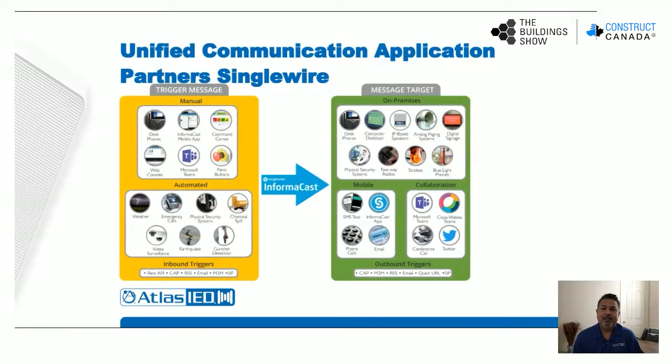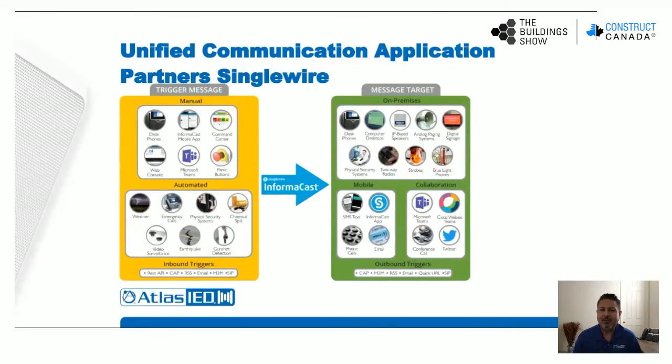The software package can be used for day-to-day communication. So again, in a school environment, the software can be used for bell dismissals. It can be used for custodian notifications. But the luxury of using the software package in a UC ecosystem is the ability to provide other means of communication, such as critical alerts.